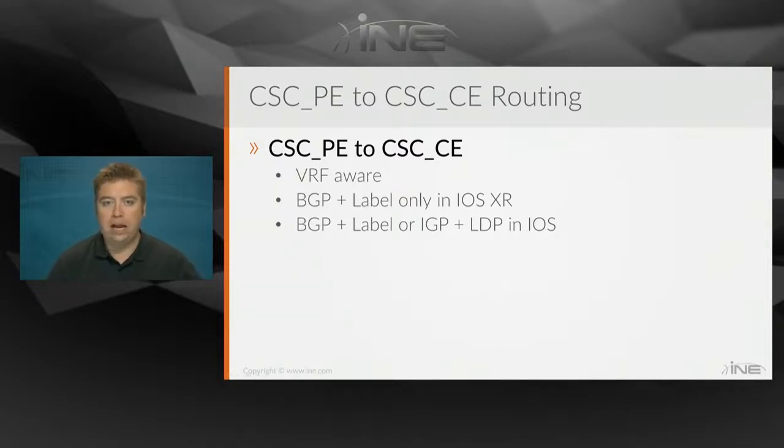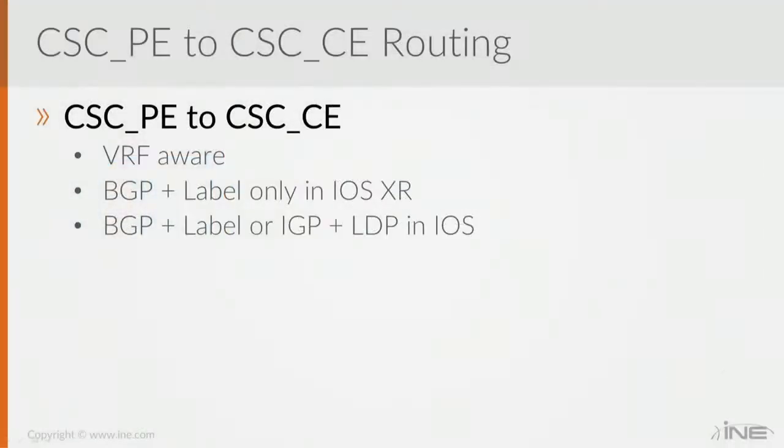So this means that when IOS XR is the CSC PE, there is only one supported design. It has to be running BGP plus label. But we'll also look at this where the CSC PE is regular IOS, and we'll be doing this with IGP plus LDP. So in IOS, you can do it either way, but in IOS XR, you can only do it one way, which is BGP plus label.